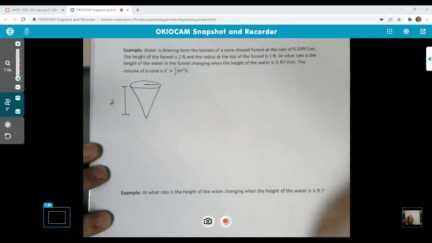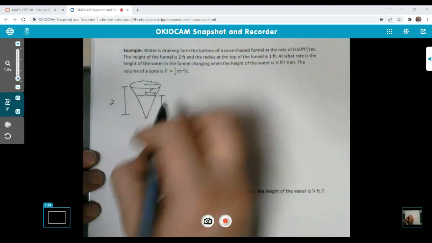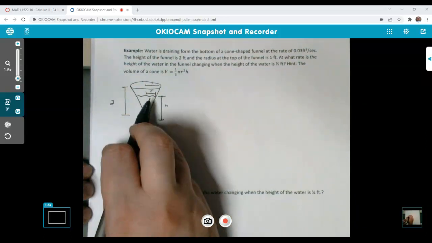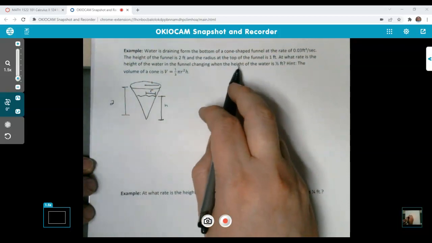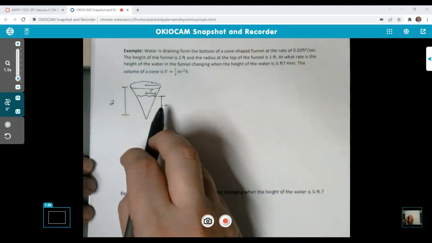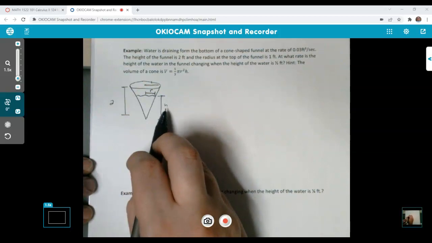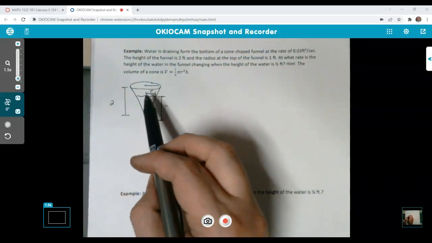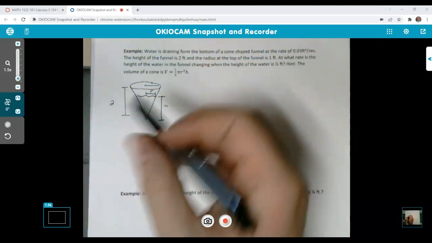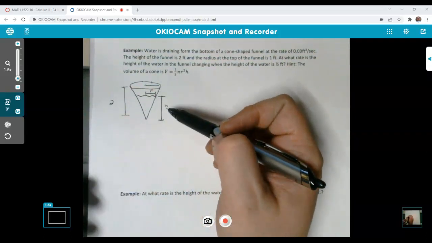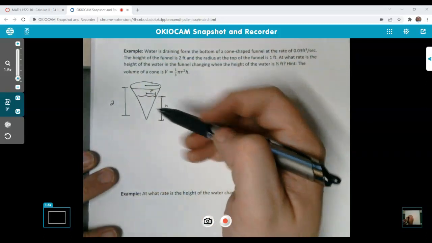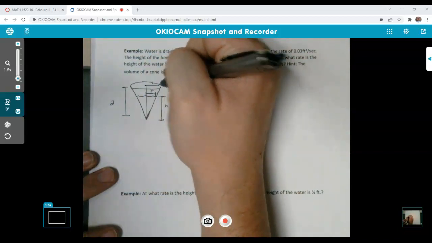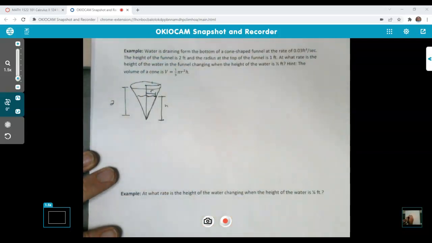So what I want is to either write r in terms of the h or write h in terms of the r, okay? Well, since they tell us what the height of the water is, it would be nice if everything was in terms of an h. So I want to write this r in terms of the h. So let's see how I can do that. Well, if you look, I can make 2 similar triangles and figure out what happens there, okay?